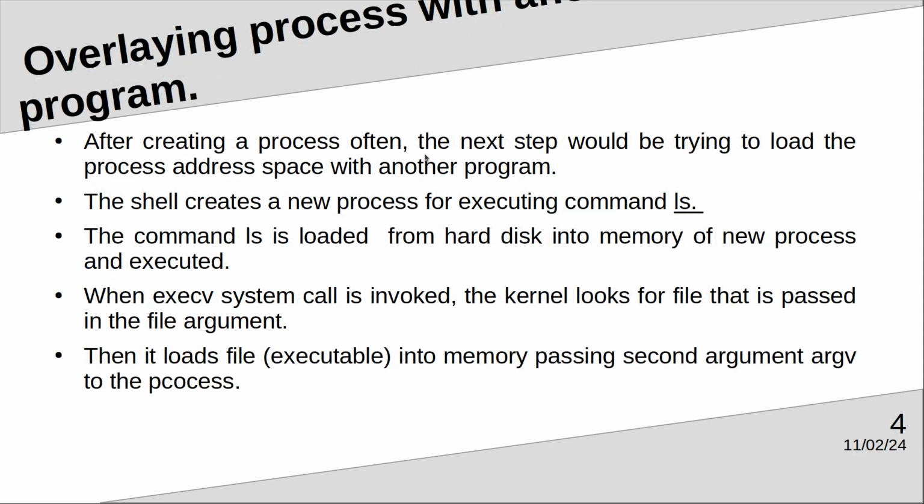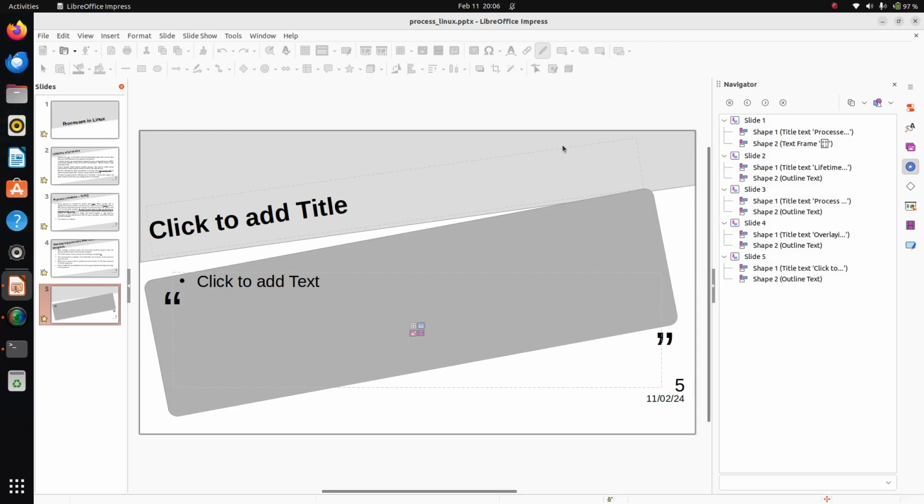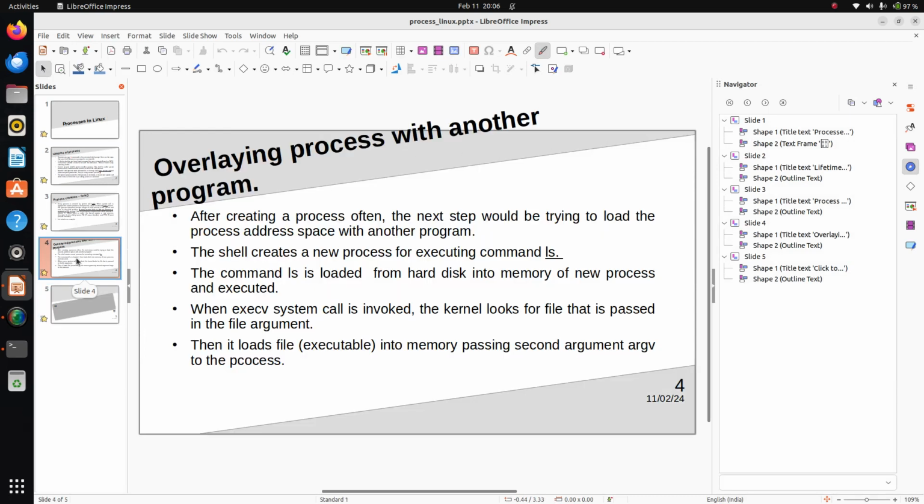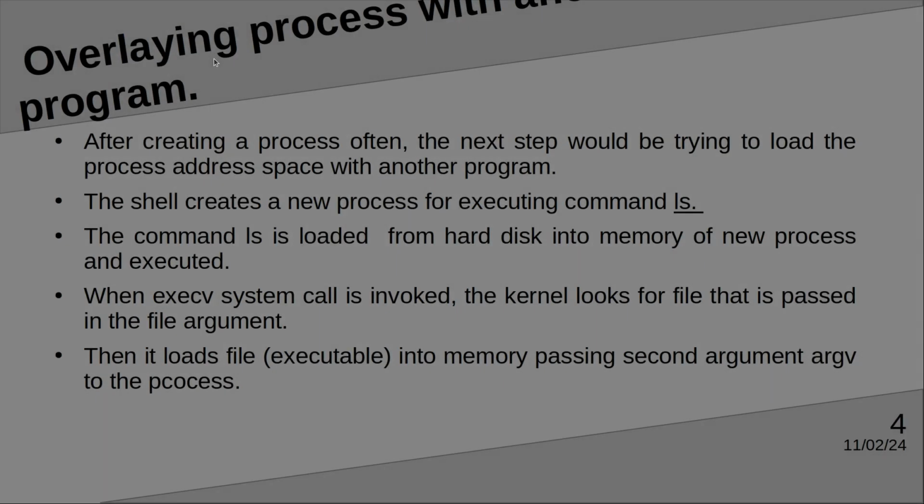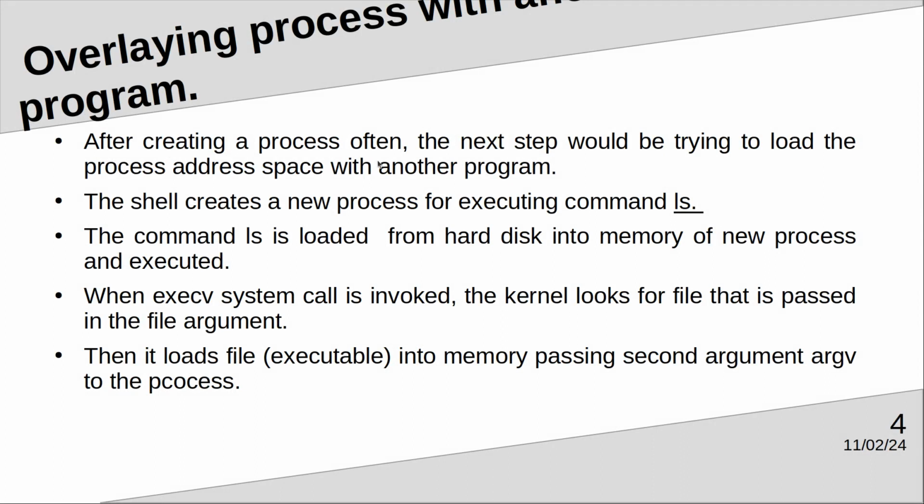After creation of a process, often the next step would be trying to load the process address space with another program. The shell creates a new process for executing the command. After creating a process, often the next step is to load the process address space for another process.